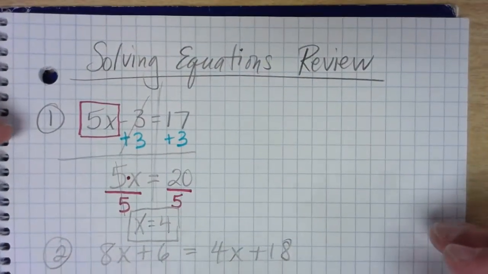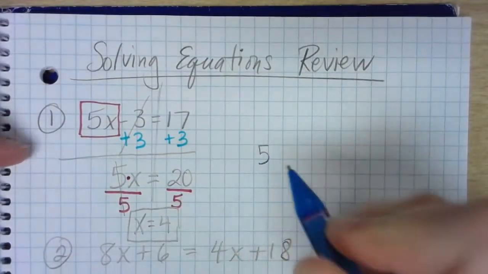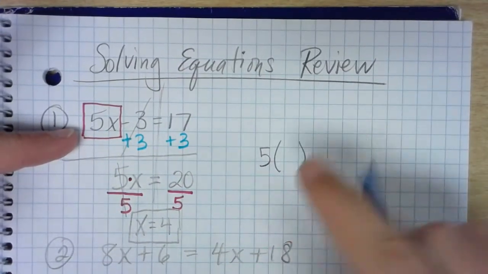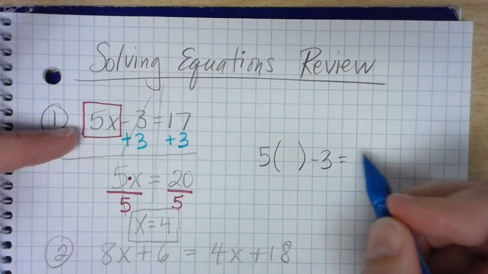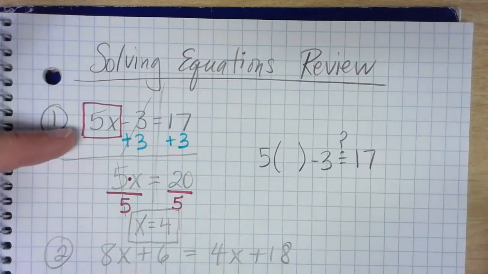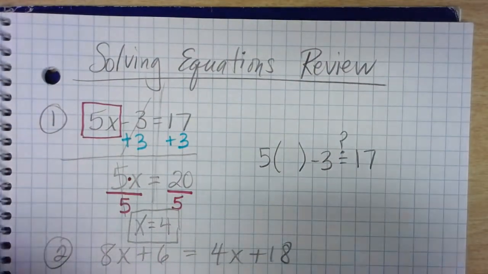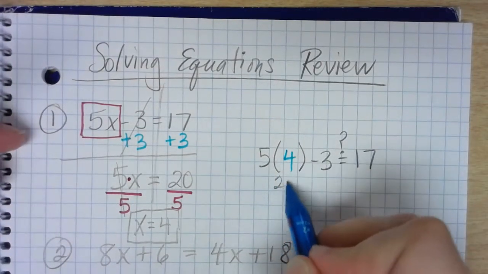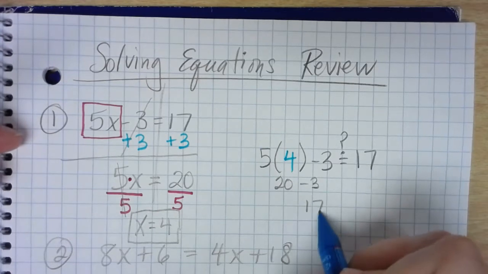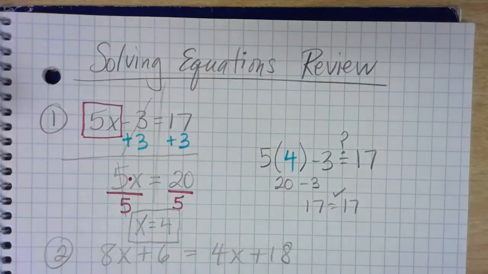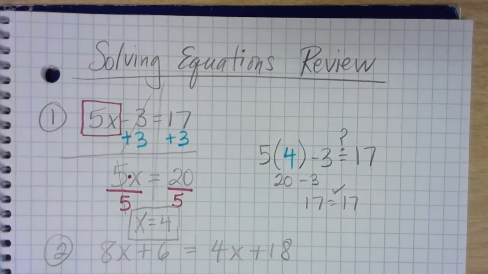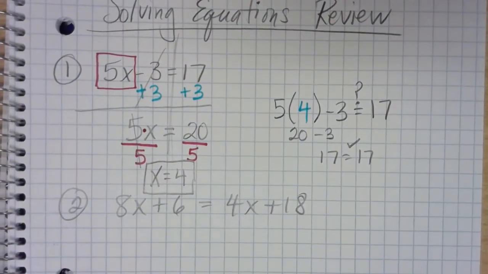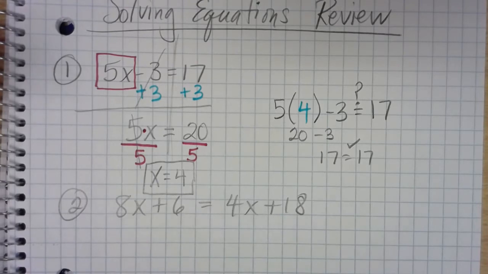Okay, and if we wanted to do a quick double check, we could take our original equation, 5 times whatever answer we got for x, minus 3, question mark, does that equal 17? So if I put this 4 back in here and do order of operations, 5 times 4 is 20, 20 minus 3, 17 equals 17. So I know I got the right answer. It evaluates back out. Okay, all right, so that's kind of the easiest kind of question.